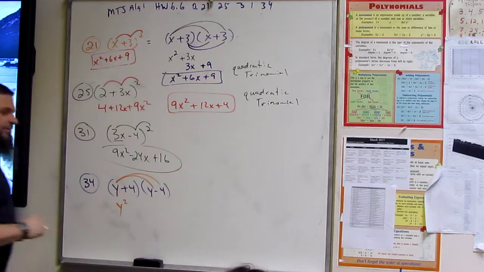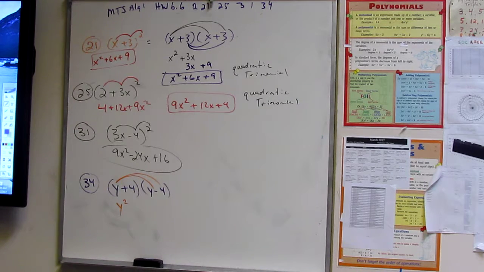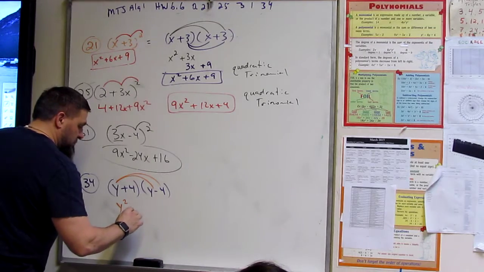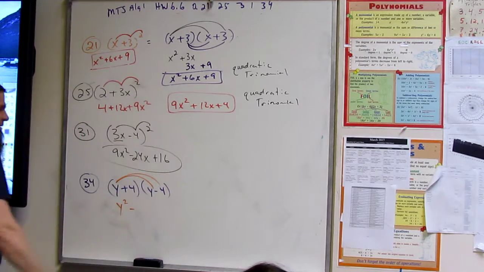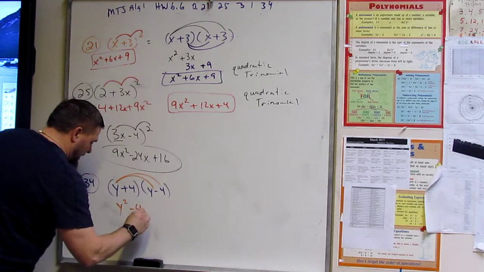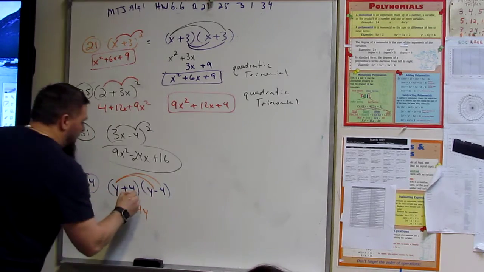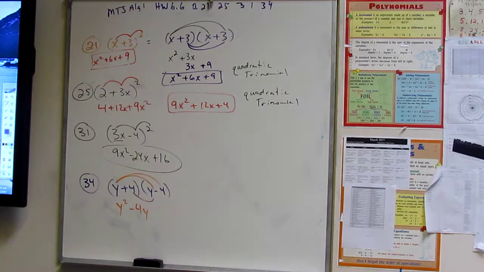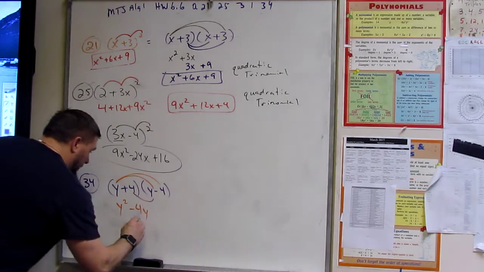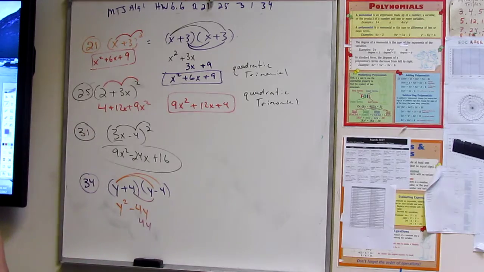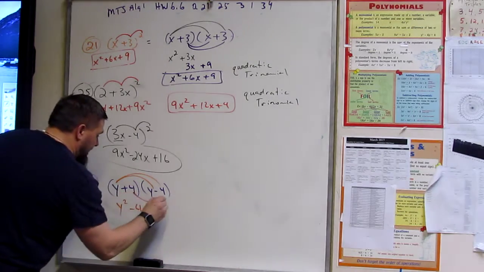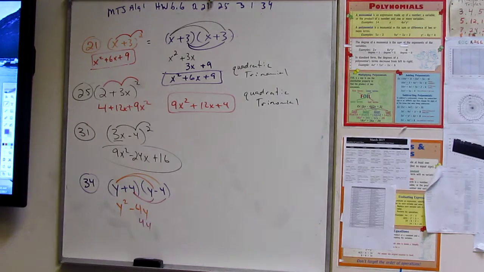What's y times negative 4? Negative 4y. Okay? What's 4 times y? 4y, right? So we put that underneath that, right? And then what's 4 times negative 4? Negative 16.